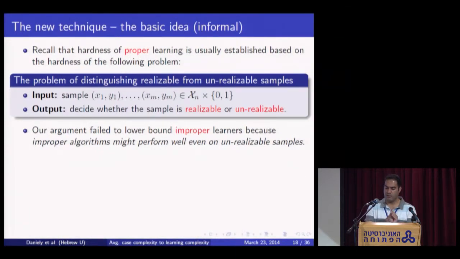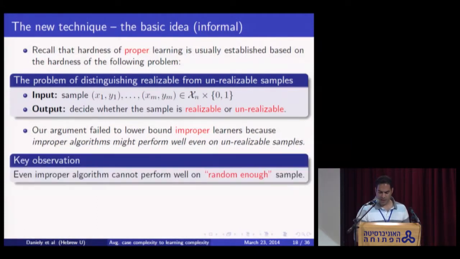And the argument failed for improper learning due to the following fact: an improper algorithm might perform well even on unrealizable samples. The key observation that stands behind our new technique is that even improper learning cannot perform well on a very random sample. Next I'll define precisely what I mean by a very random sample.